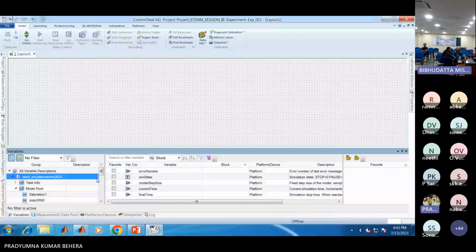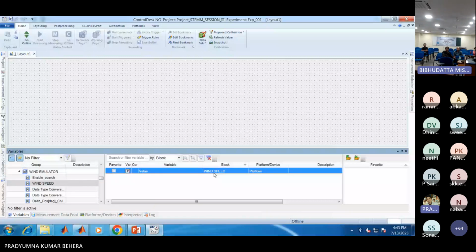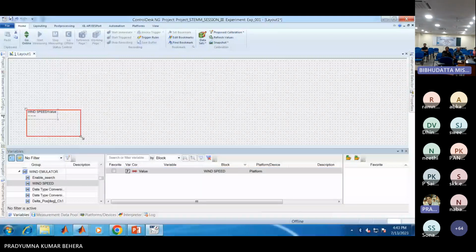Then I will enter the wind emulator folder, into the wind emulator. Then first of all, I will bring the wind speed. For the wind speed, you can see I can use the display button. Here we have a display that will display the real-time value of the wind speed.